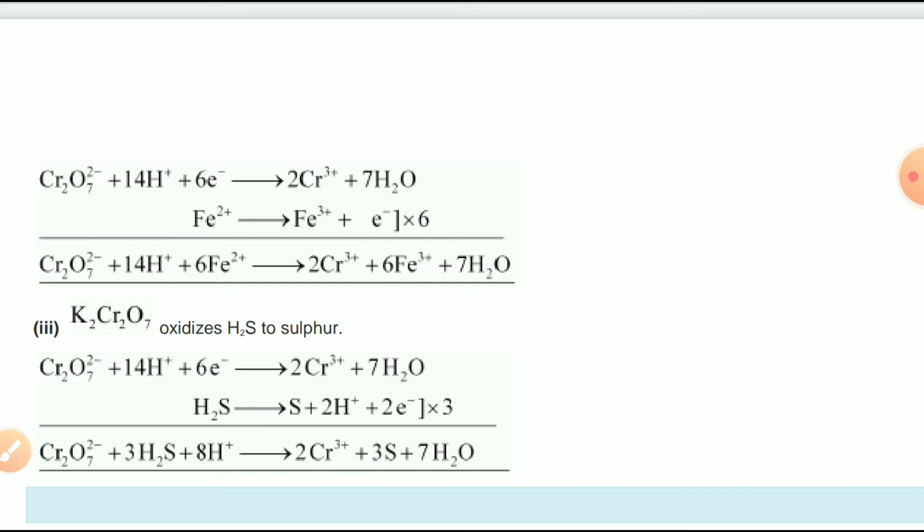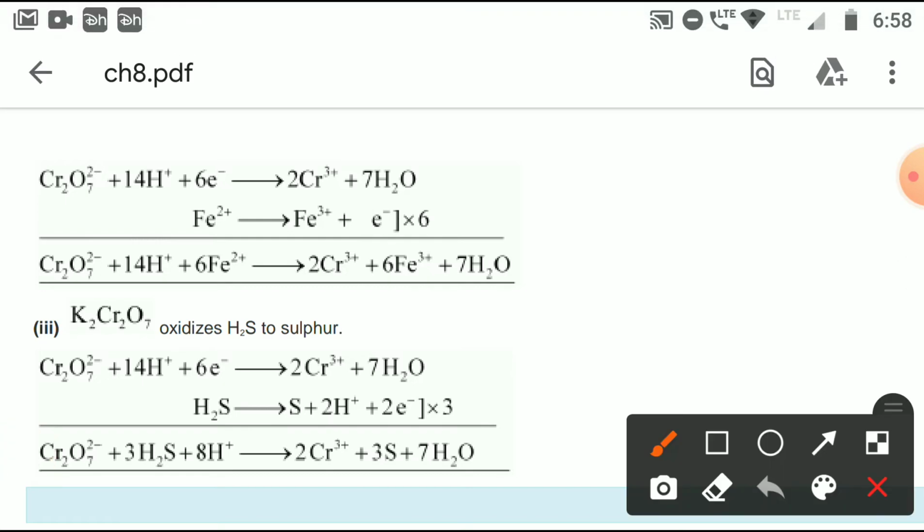Now the 6 electrons are cancelled from both sides and it becomes the final total equation. Here I add both the equations: Cr2O7 2- plus 14H+ plus 6Fe2+ is converted into 2Cr3+ plus 6Fe3+ plus 7H2O.